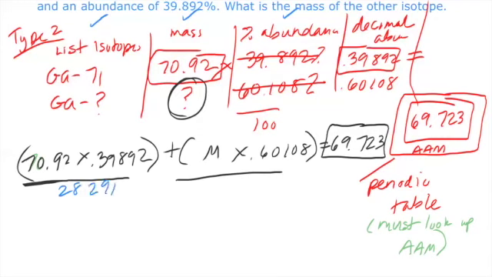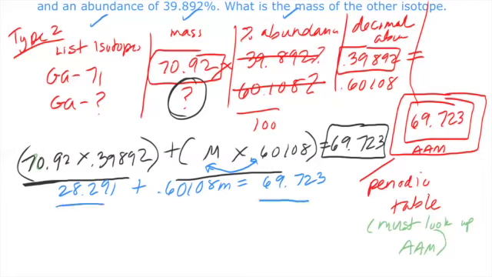Just keep a few decimal places there. And that plus 0.60108 M, I'm just rearranging these because I like to have the number first and then the letter, is equal to 69.723. So you have to combine like terms.